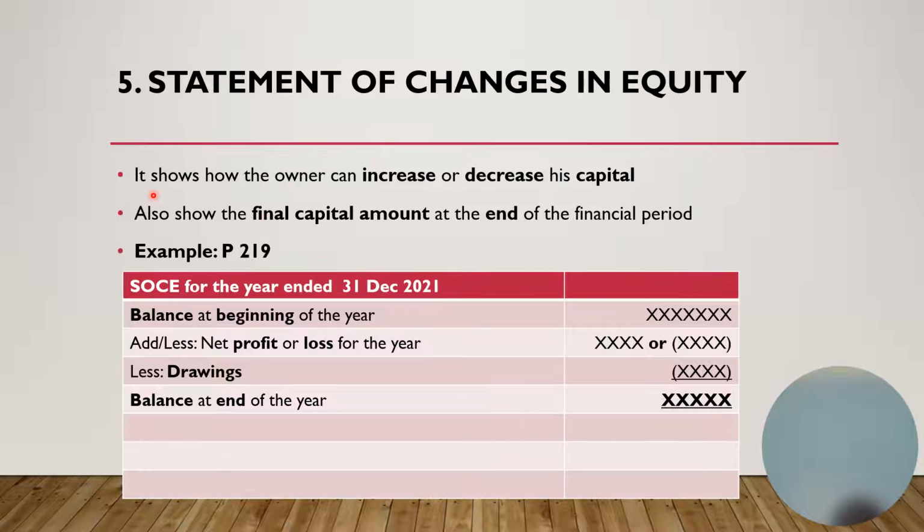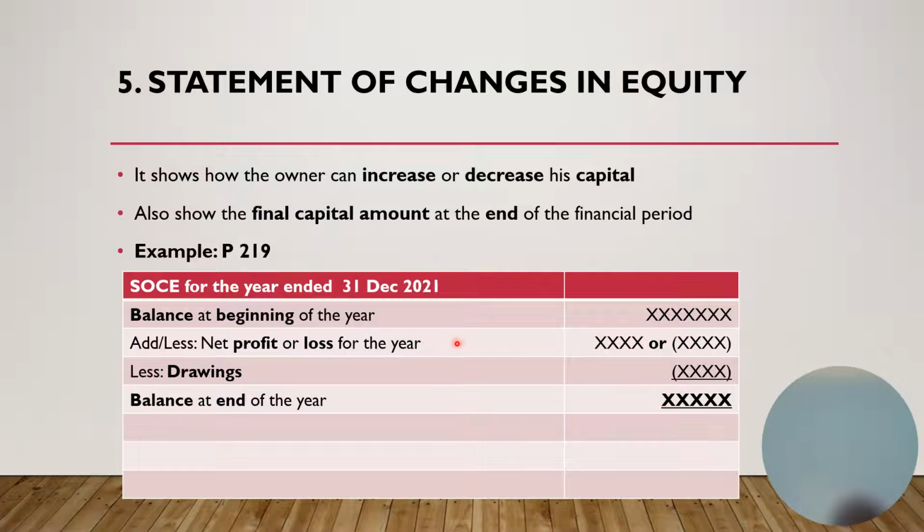Its purpose is to show how the owner can increase or decrease his capital. So it centers around capital, the movement of capital. Why does the capital increase? Why does the capital decrease? What causes the capital to increase? What causes the capital to decrease? It also shows the final capital amount at the end of the financial year or period.